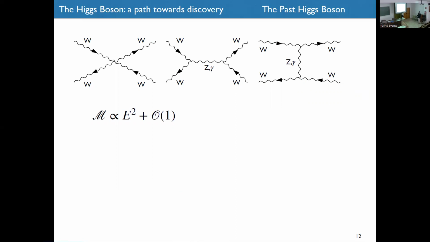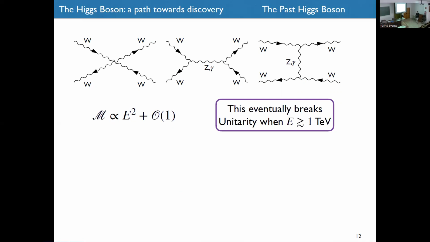And this is a problem because it means that eventually it will be larger than one, and so it will break unitarity. And that cannot be possible since we know that probabilities cannot be larger than one. And we know that this break happens more or less around 1 TeV. So we need something to help us correct this behavior before the 1 TeV scale.